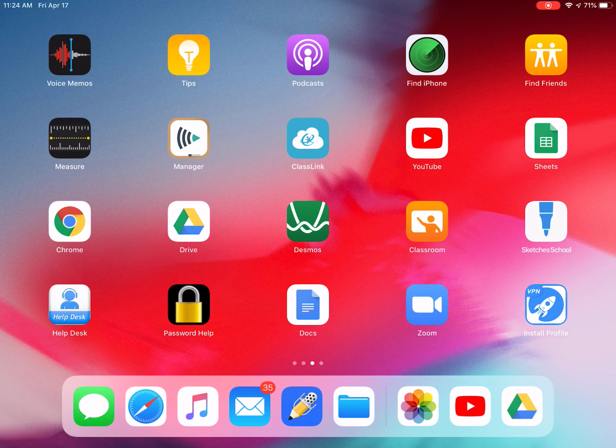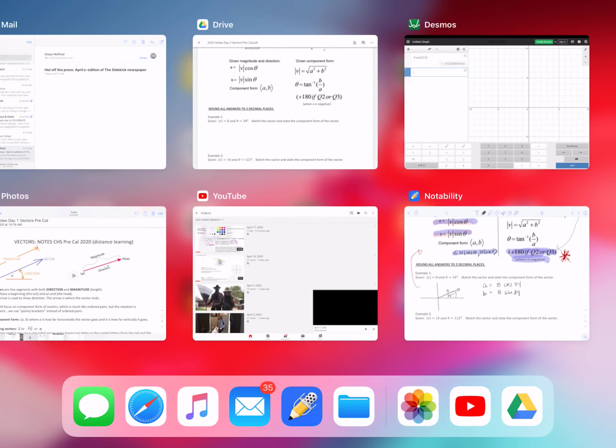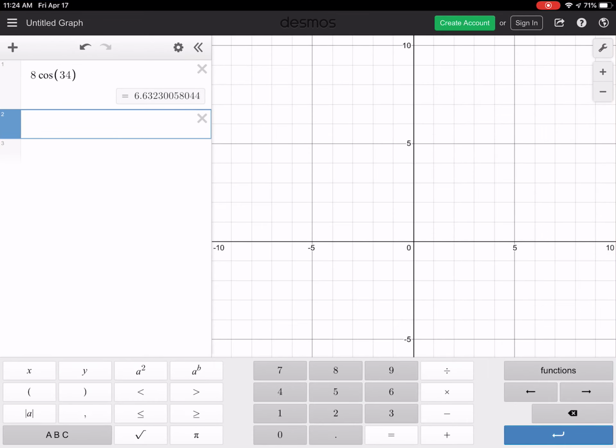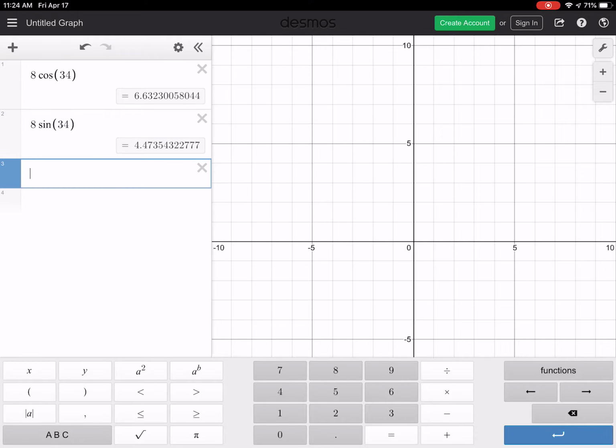So this would be approximately 6.63. And I can do these all at once. I'm going to go 8, hit my functions, go to sine, and then hit 34. And that's 4.47.